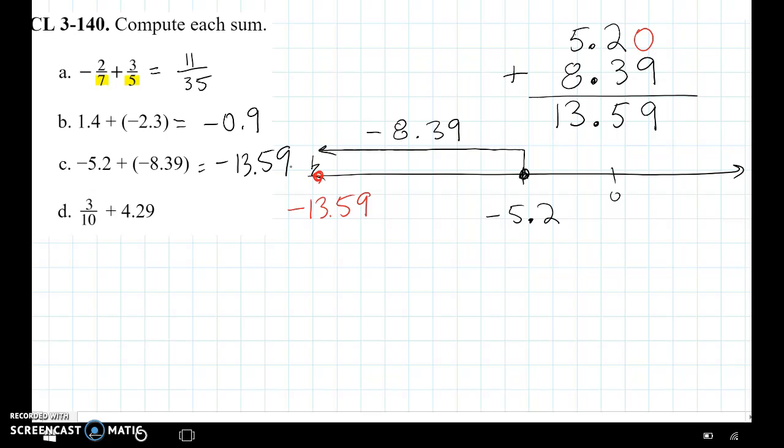All right. This one's fun. It's a mixed bag here. I really have a difficult time, and maybe you do too, adding fractions with decimals. So I need to do one of two things.